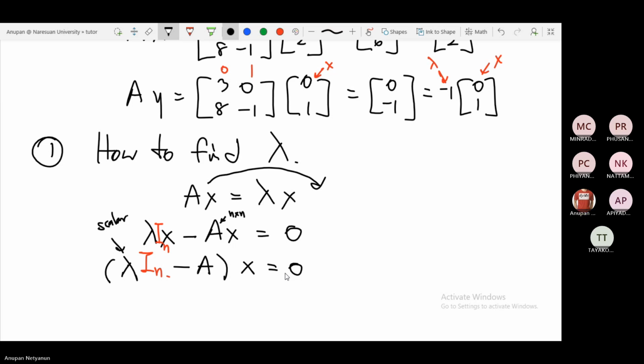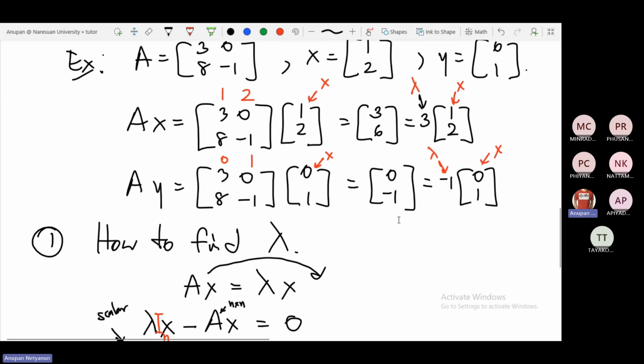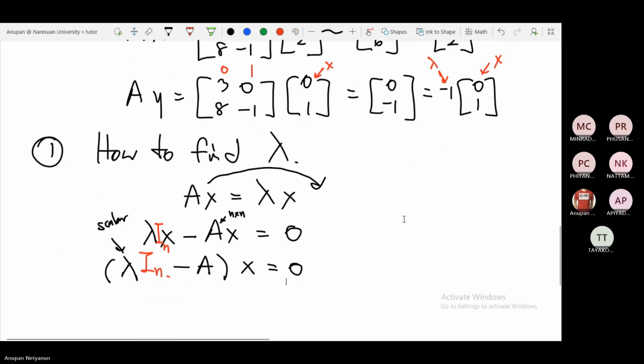Okay. So now, remember that from this equation here, you want to find all the vectors x multiplied by A that give you lambda times x. Of course, one solution you have for sure is 0, right?